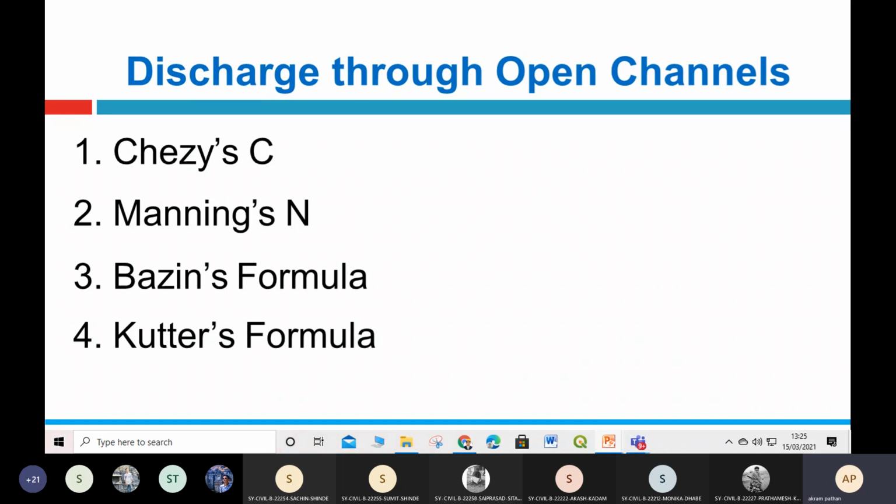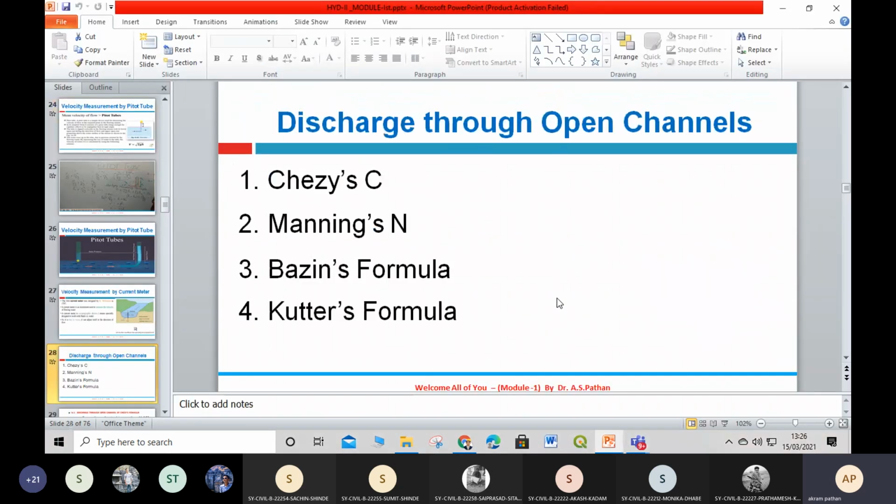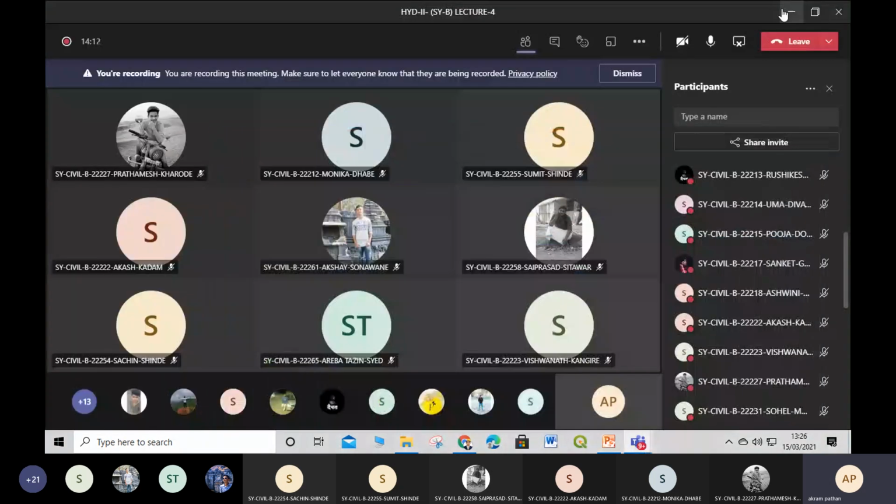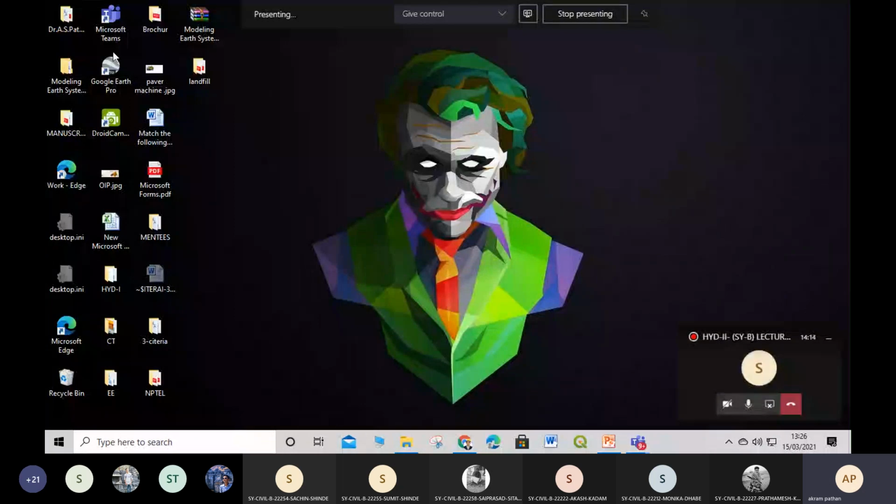I will explain with the help of the Droid Cam. If possible, I will explain all these things with the Droid Cam.